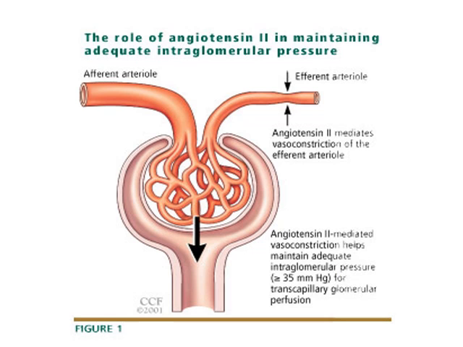Angiotensin 2 plays an important role in maintaining the intraglomerular pressure. Angiotensin 2 is responsible for vasoconstriction of the efferent arteriole. Just imagine we have an afferent arteriole bringing blood, and we have an exit vessel, which is the efferent arteriole. When we constrict the efferent arteriole by angiotensin 2, the pressure inside the glomerulus will increase.